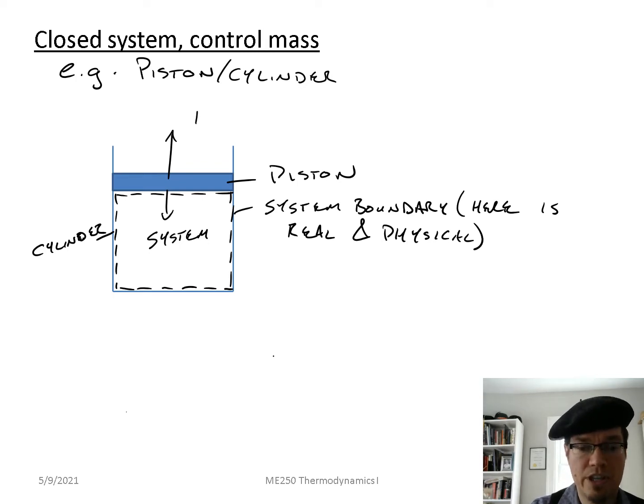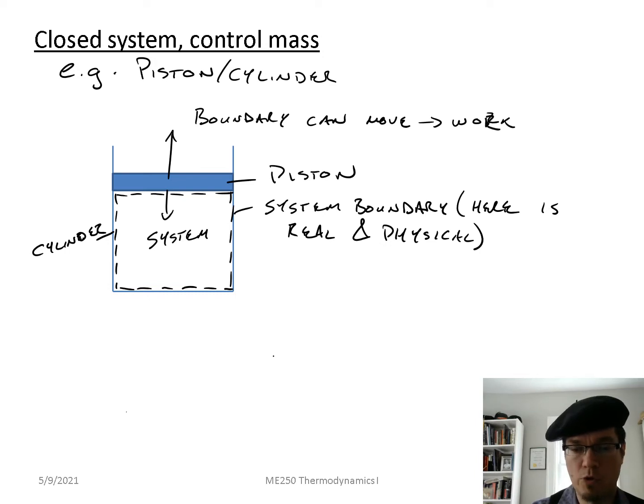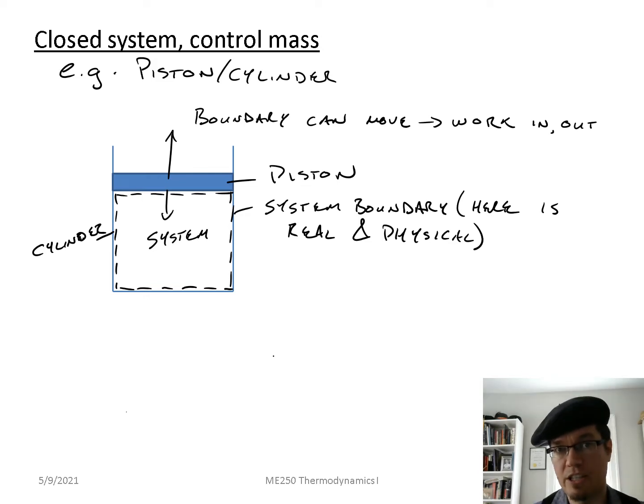And so this upper boundary can move, and in moving, it can do work and cause work to flow in or out of the system. You could compress what's inside, or what's inside could expand out and push on the environment.